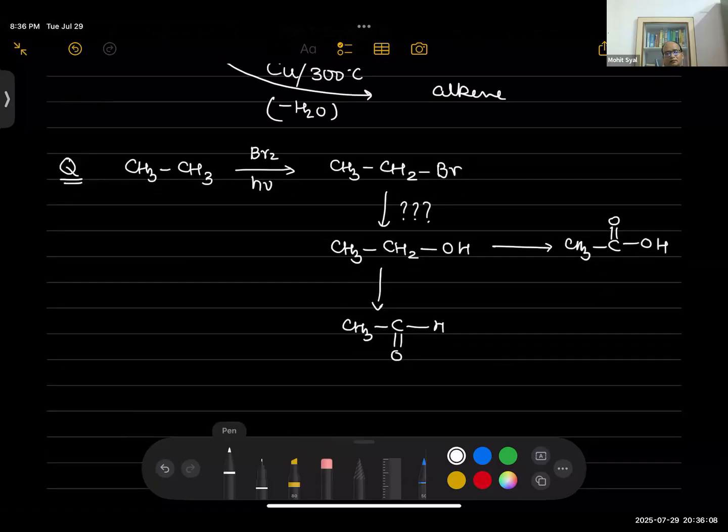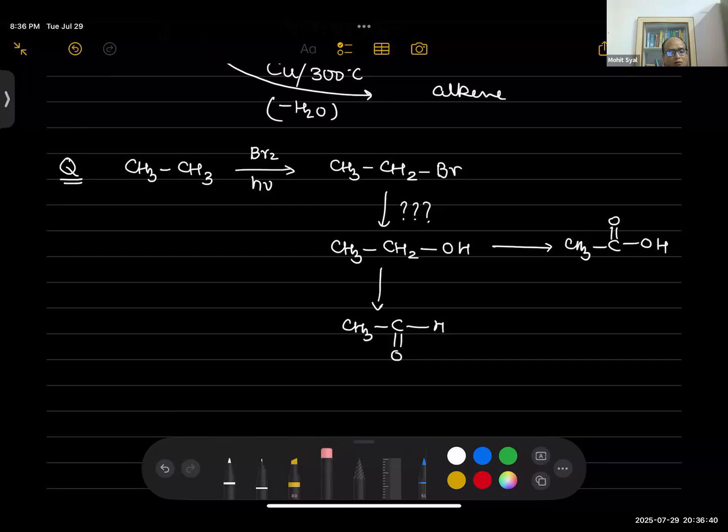How to replace? This is a substitution reaction, SN2. Just try to recall quickly. Jasleen, you can help Marwa. Tell me. Using something which has OH.